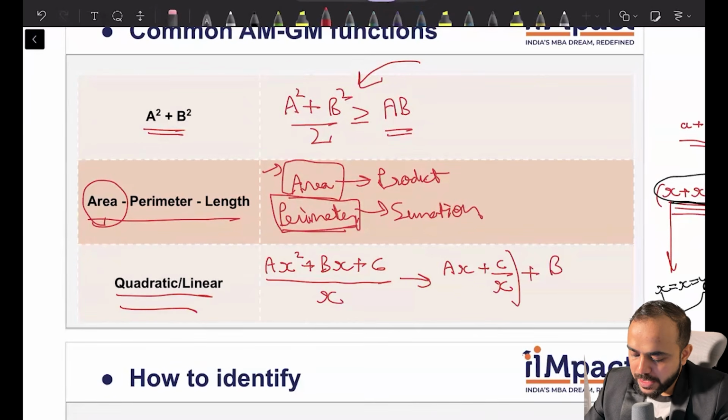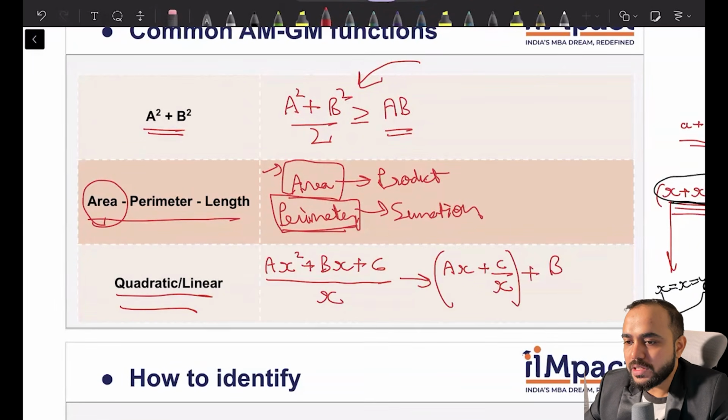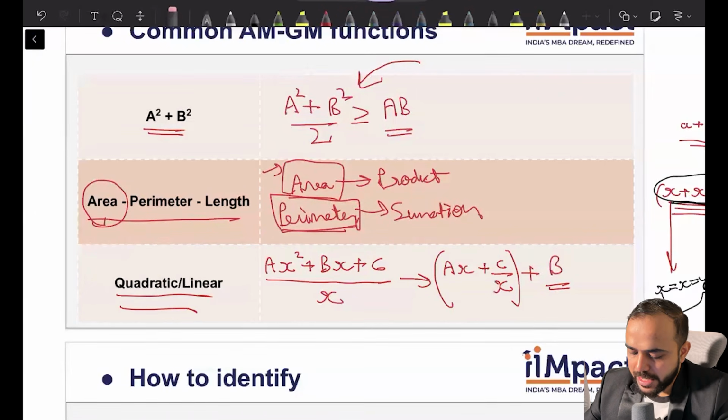And would you say that the product of these two numbers is a constant number, ax into c by x? Which makes it a good candidate for applying AM-GM because b is a constant number. b is something I would already know. Correct.